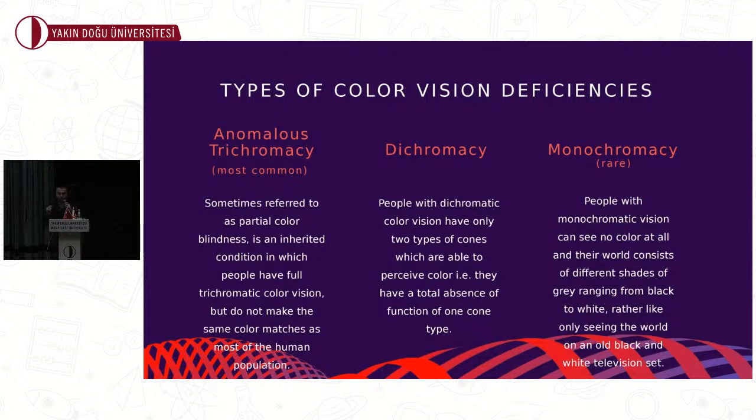And monochromacy means you have only one cone and you are missing two cones. Now, for monochromacy, let's say for example, I have the red cone, but I lack the other two. You would expect me to be able to see red, but not the other colors. But in reality, what happens is you only see in black and white if you have monochromacy. I will tell you why in the following slides.